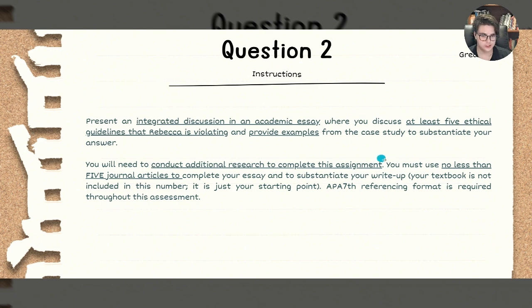So the same instruction as the previous question. You must use another 5 articles to substantiate your answer for this essay. You then will have an overall reference list at the end of your essay consisting of at least 10 sources.